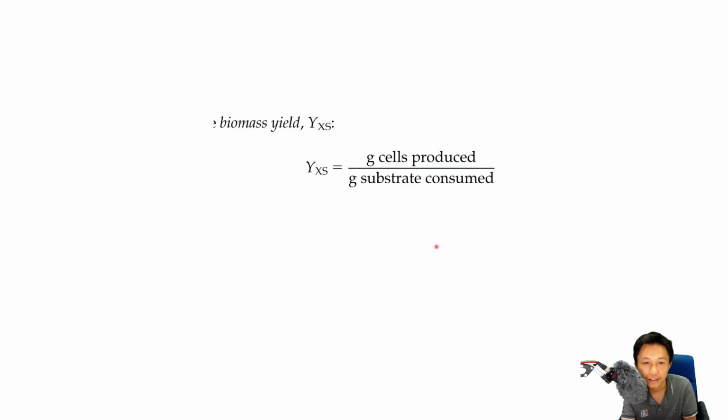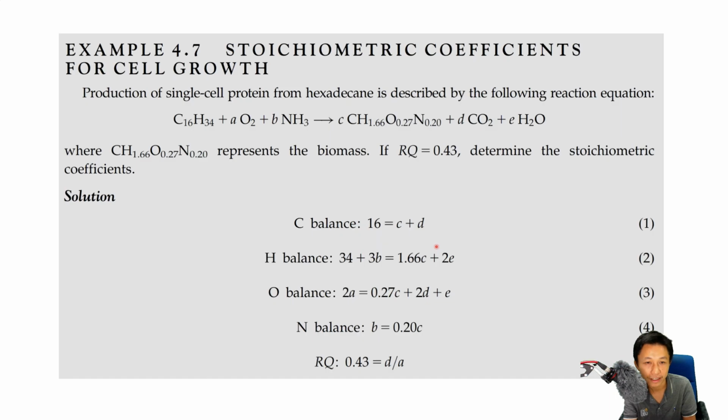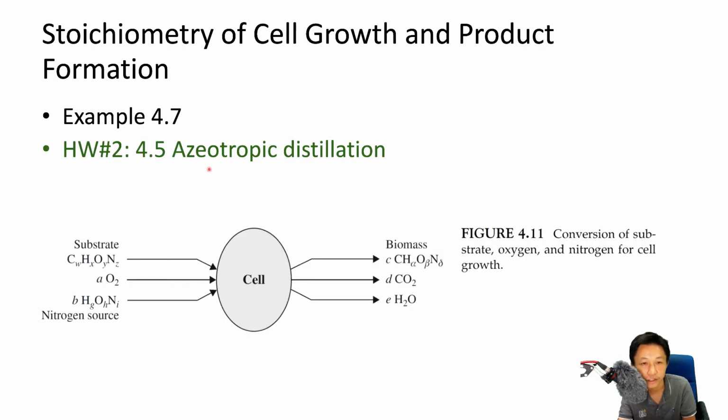Okay, what else do we want to say? This is the definition of the yield, and this is what I mentioned here: isotope distillation. An isotope mixture is something that you cannot separate further by distillation, like ethanol and water, so you cannot separate them from 95% to 5% of water.